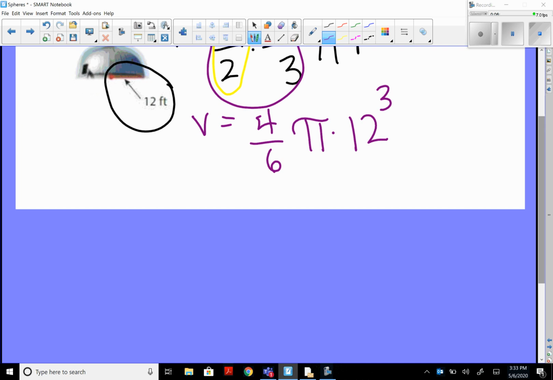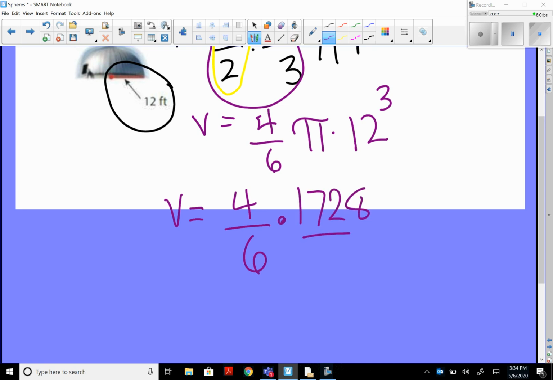Now we know exponents come before multiplication, so I have to raise 12 to the third power before I do any multiplying. 12 to the third power is 1,728.